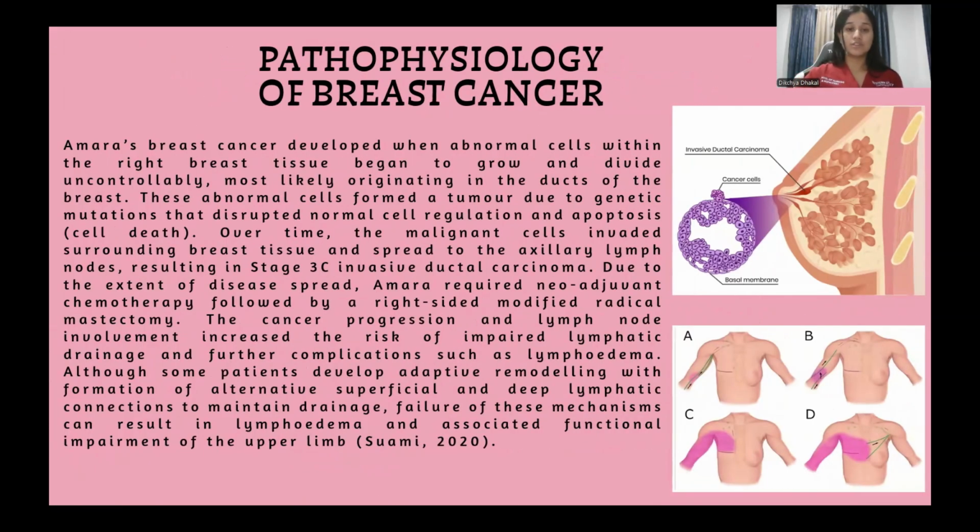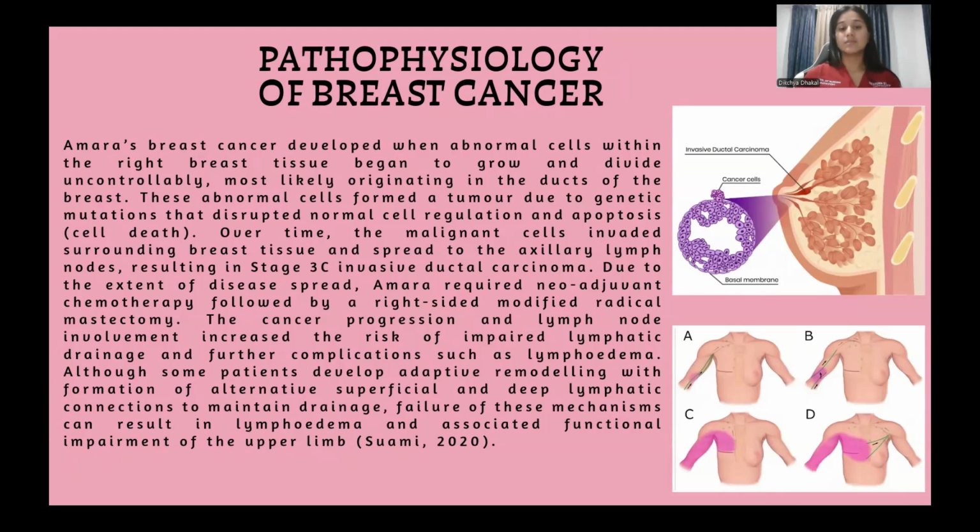Understanding the pathophysiology of breast cancer. Amara's breast cancer developed when abnormal cells within the right breast tissue began to grow and divide uncontrollably, most likely originating in the ducts of the breast. These abnormal cells formed a tumor due to genetic mutation that disrupted normal cell regulation and apoptosis, which is cell death.